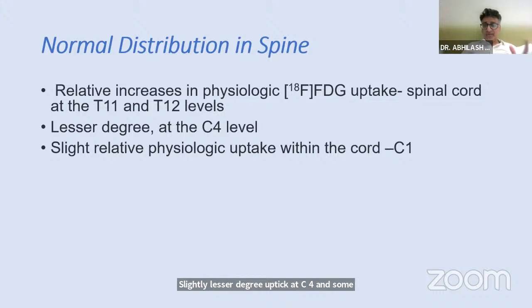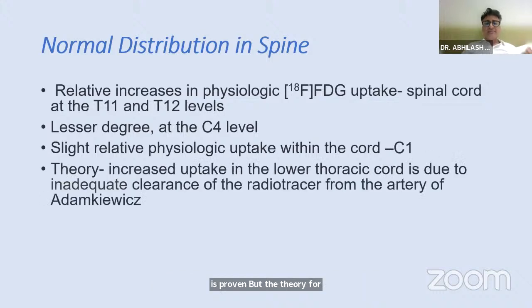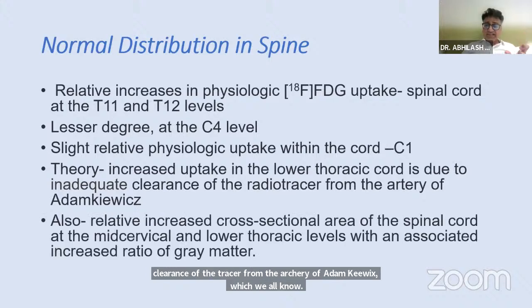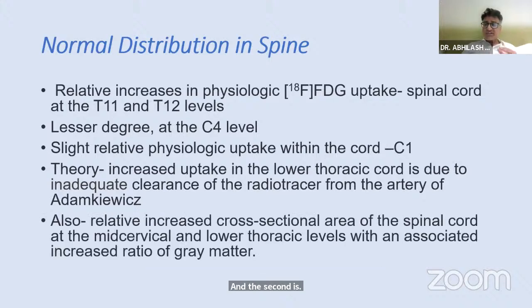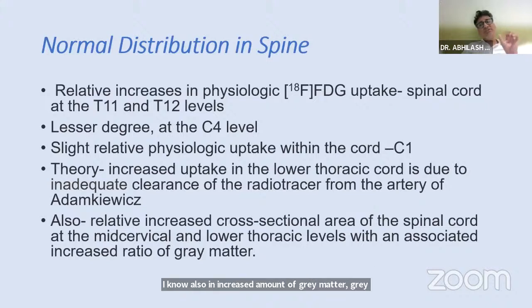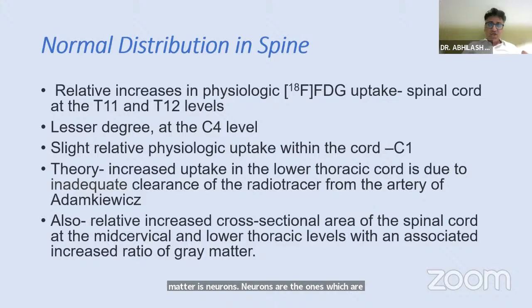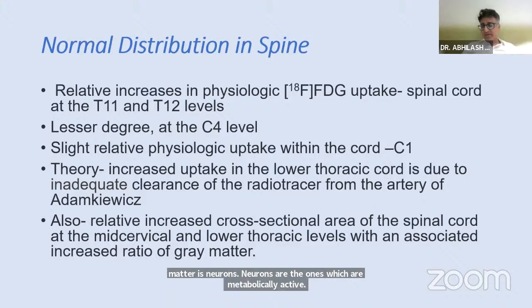Now there are many theories to this, none of them is proven, but the theory for increased uptake in the lower thoracic spine is supposed to be the inadequate clearance of the tracer from the artery of Adamkiewicz, which we all know. And the second is a slightly higher cross-sectional area of the spinal cord at the mid-cervical and lower thoracic levels, and also an increased amount of gray matter. Gray matter is neurons. Neurons are the ones which are metabolically active. So now you know the normal distribution in the spine.